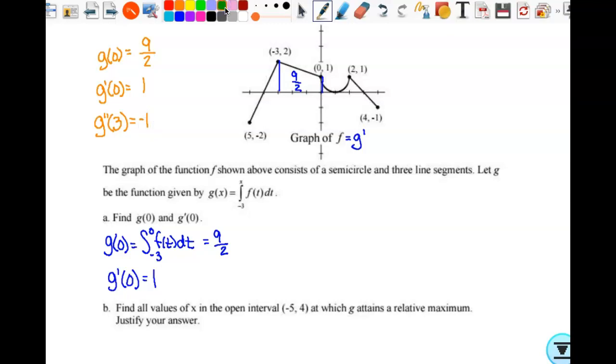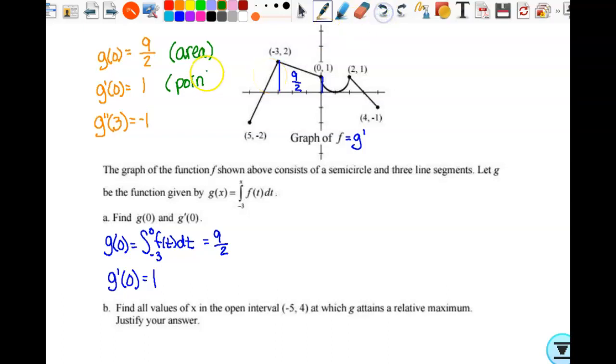All right, so what did we do to find g of 0? How did we find that? The graph. What do we do with the graph? We found the area. What did we do to figure out g prime of 0? We went back to the graph. It was just a point from the graph, right?